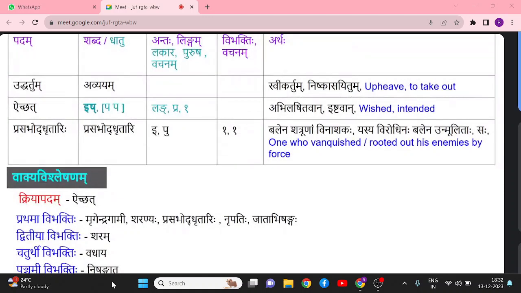Shashti, Mrugendrasya, of the lion, Vadhyasya, which is killable. Saptami Vibhakti, nasti. Avyayam, Tataha. And Uddhartum, because it's a Tumun.